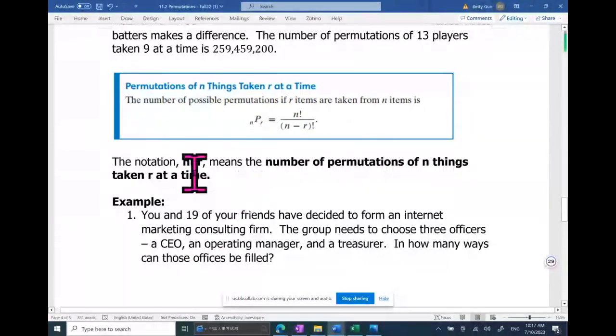That's the formula. And we call this the number of permutations of n things taken r at a time. So in our example, the number of ways to complete the task would be the number of permutations of 5 books taken 3 at a time. All right?